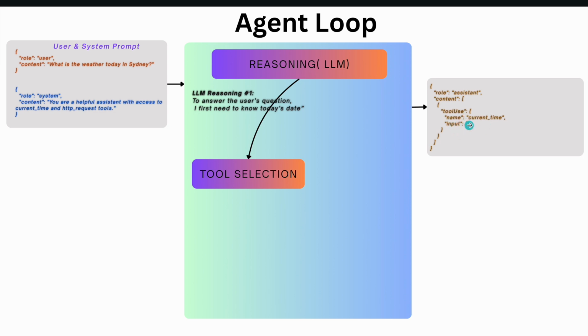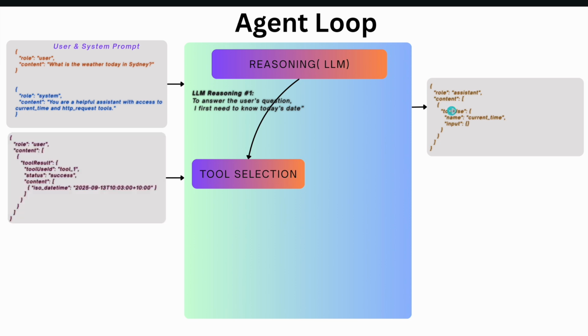For now it just calls current time, and it generated an assistant prompt, and with that the current time tool has been called with the input parameters that we created as part of the prompt. The tool responds back with the current date, and the response that we got from the tool is built as a user prompt.